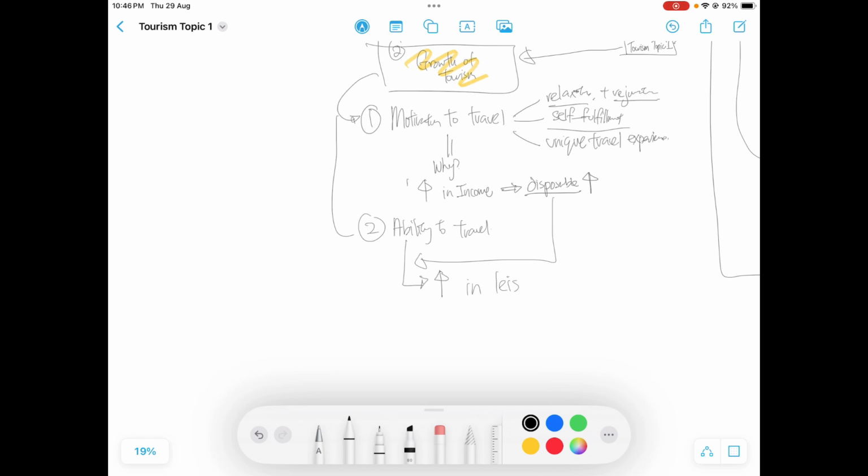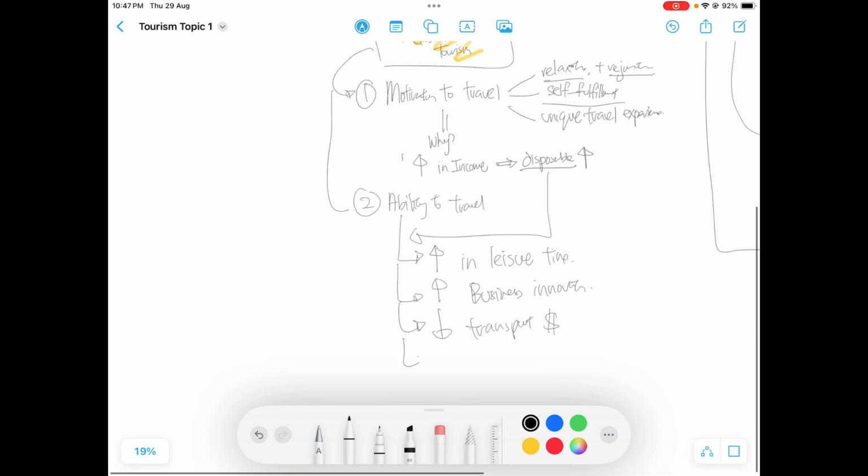Okay, so go and look at why there is an increase in leisure time, right? Go and look at why there is an increase in business innovation. Why are there lower transport costs? And last but not least, lower accommodation costs. Right, these are factors that affect the ability to travel.